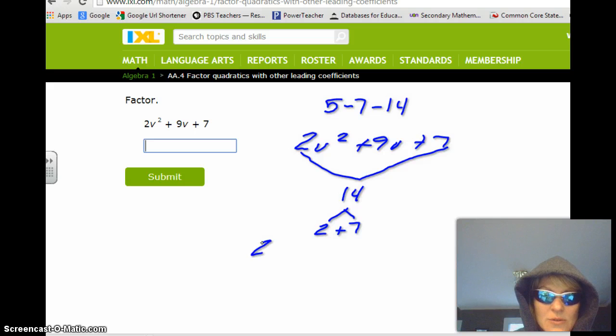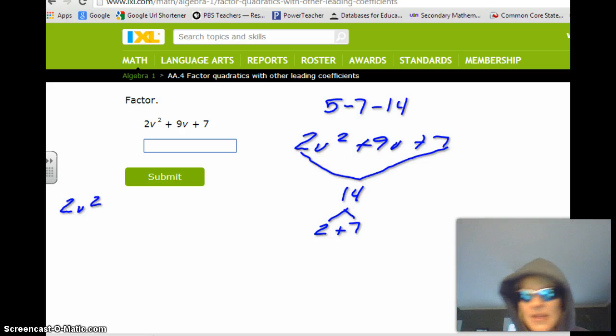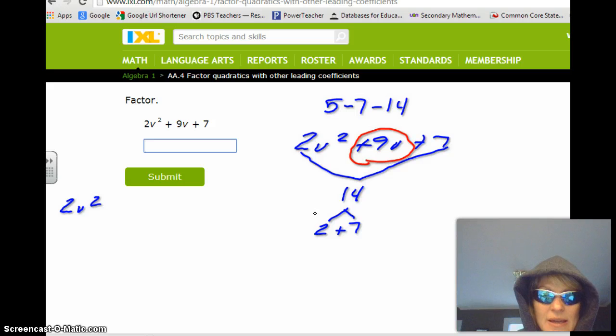Let's do this over here. So we have 2v squared. Then, instead of writing 9v, I'm going to take these two factors and replace 9v with 2v and 7v.